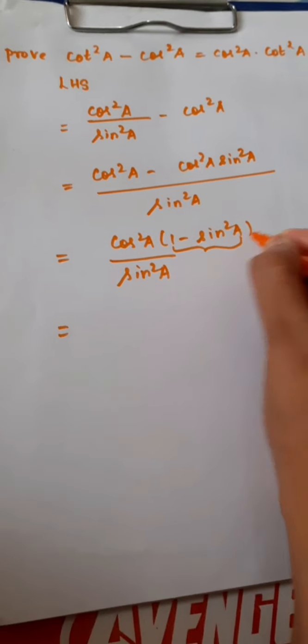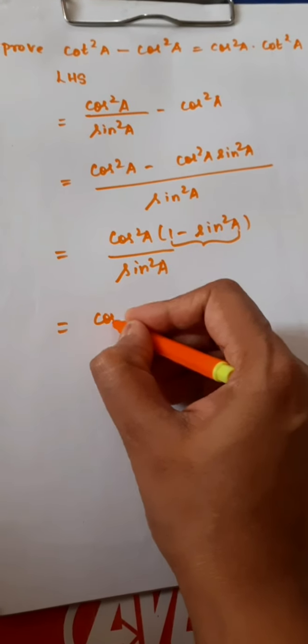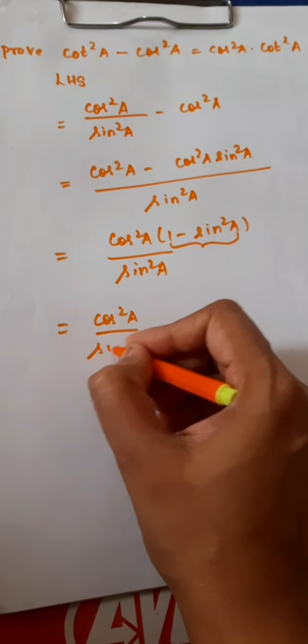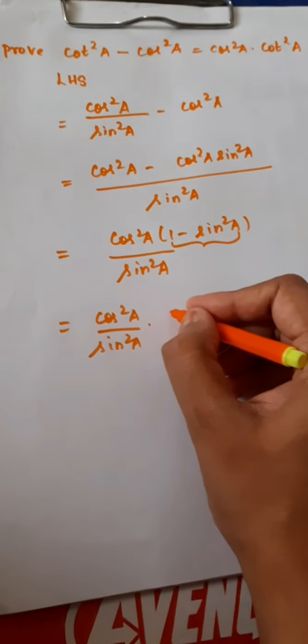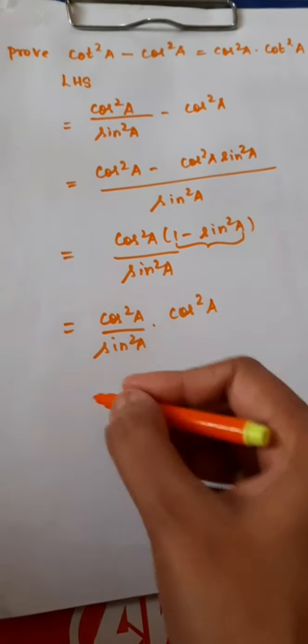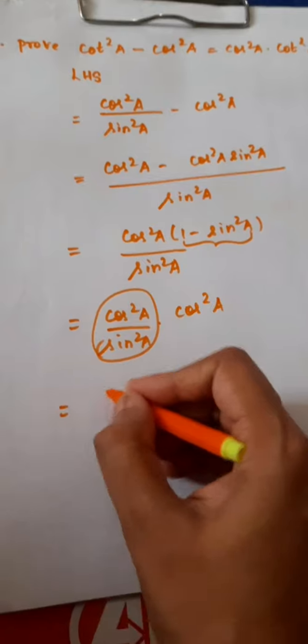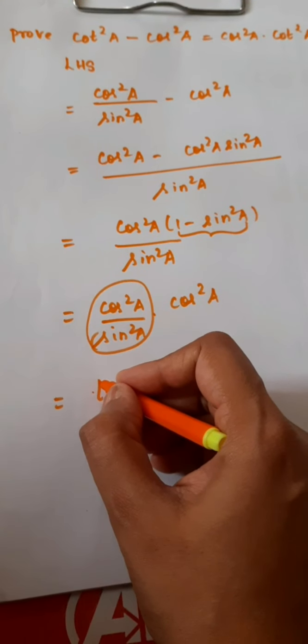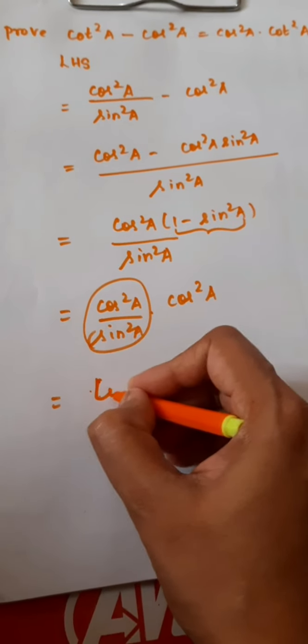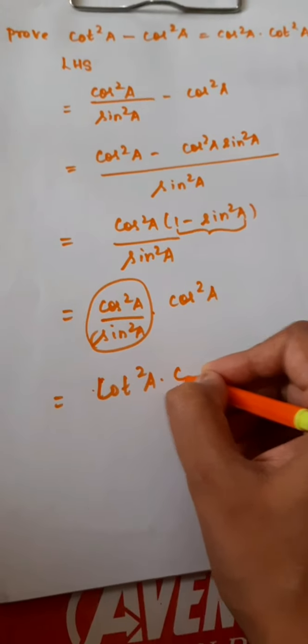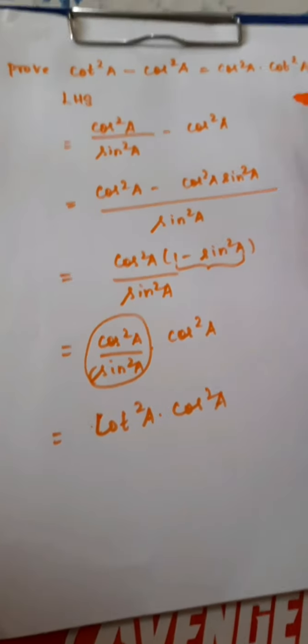That's why I'm arranging them accordingly. So cos square A by sin square A into cos square A. 1 minus sin square is cos square. This is cot square A into cos square A. That is the RHS.